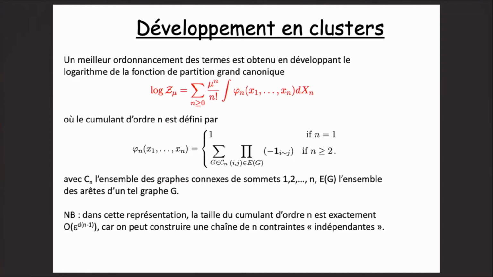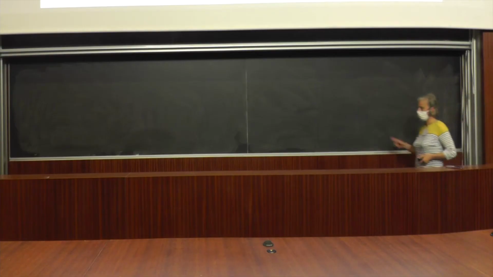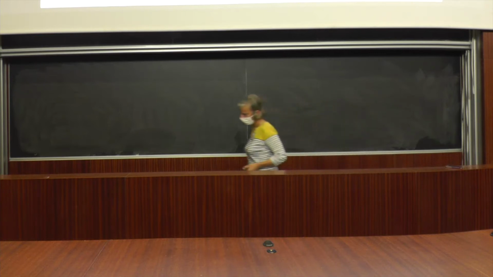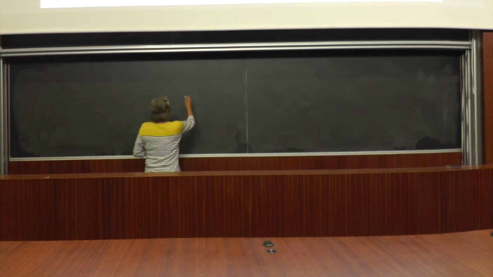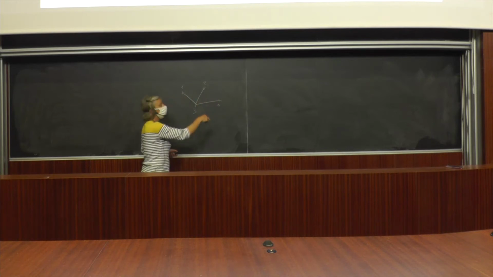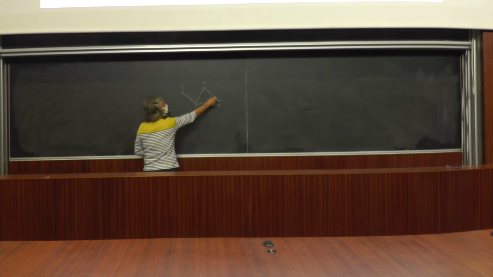So now you see that you will have at least n conditions. This means x1, x2, x3, up to xn here. If you are on the support of phi n, you have something like this. I will just call these 1, 2, 3, n. And what I know is that I have a graph like this. Maybe it's not minimal. For instance, this one is not minimal: you see that this condition here is not independent from this one and this one.